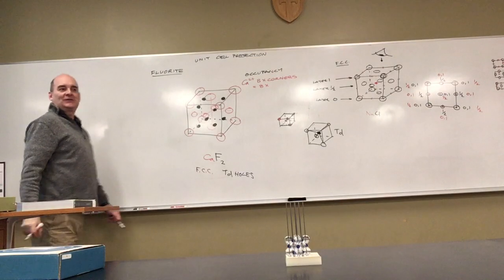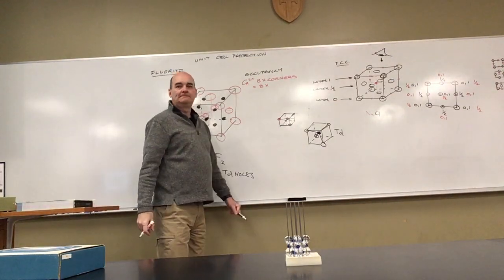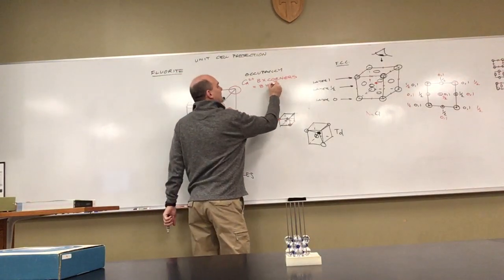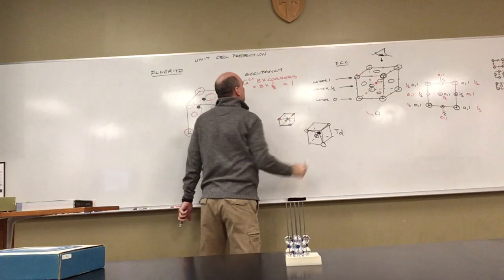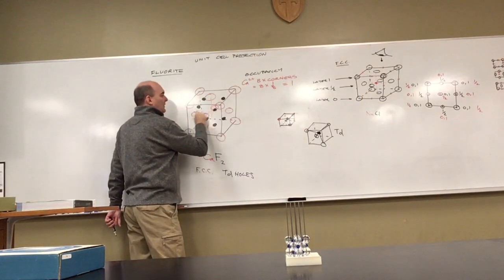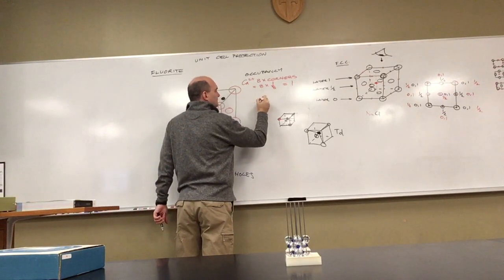How much of the sphere is inside the unit cell if it's at a corner? 1/8. The calcium also is on the faces. How many faces does a cube have? 6.